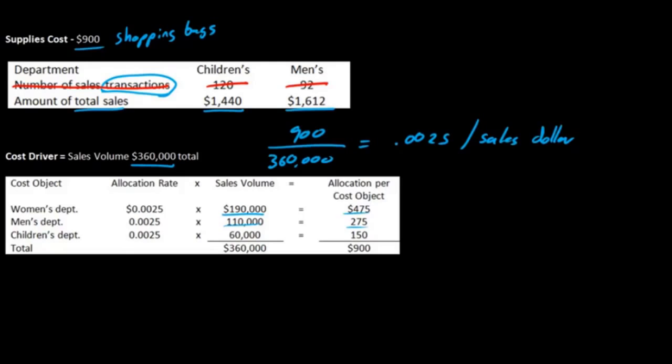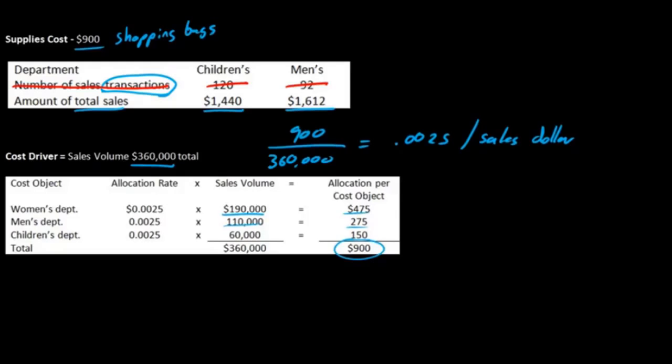The men's department has $110,000 in sales, and so we allocate it $275, and we allocate $150 to the children's department. This totals to $900.